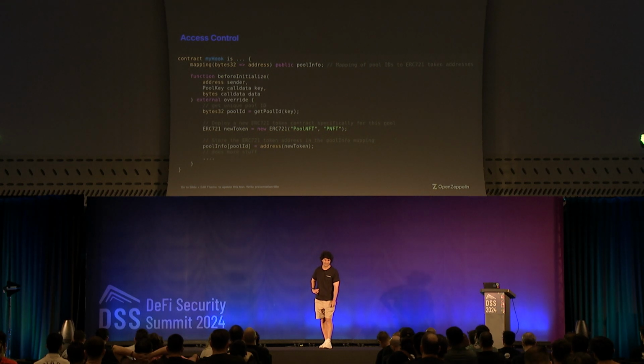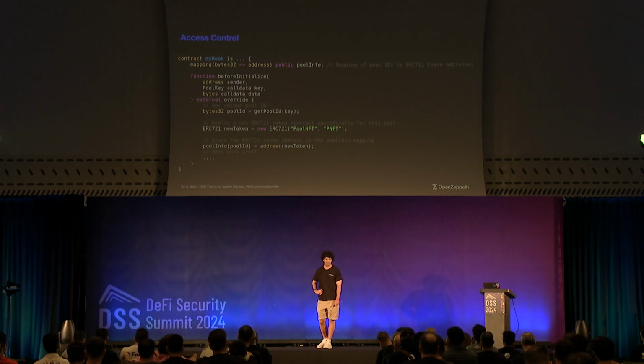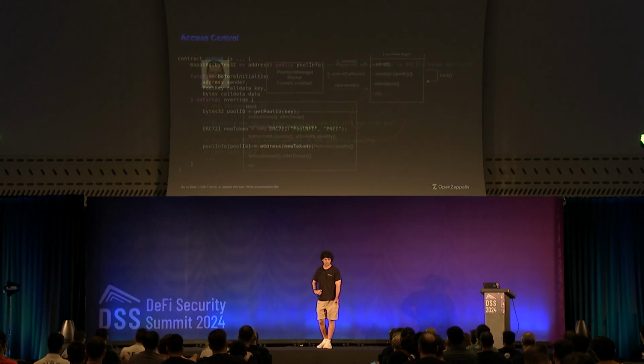That means that if I wanted to call the before initialize function again for a specific pool, since all the information in the parameters I can set when I send the calldata to the blockchain, I can, without any restrictions, for example, override a specific storage slot of a specific pool.